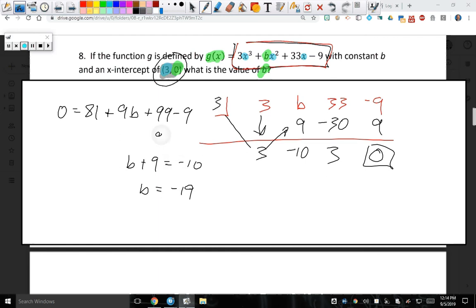So you see 90, you see 81, there's 171. If you subtract it over, you have 9b left over, and you divide by 9, you're still going to get negative 19. Either way. See what I'm saying? Where's your algebra faster is what we're trying to develop and refine.